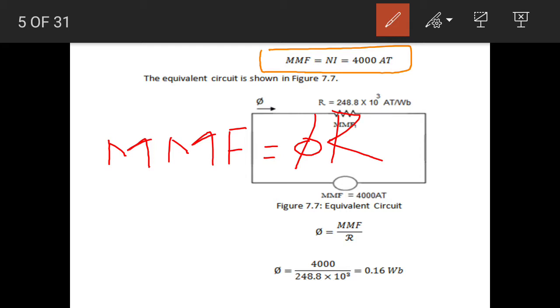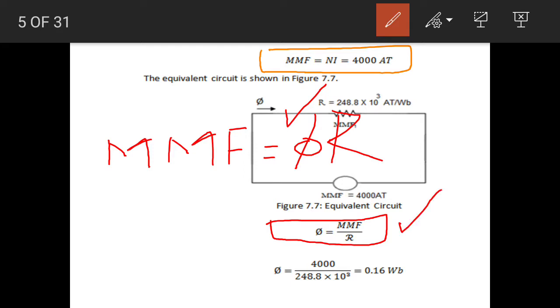So we can calculate the magnetic flux from this equation. The magnetic flux will be equal to the MMF over reluctance. So the magnetic flux in this simple magnetic circuit is equal to MMF over the reluctance of the magnetic circuit. We put the values in this equation.